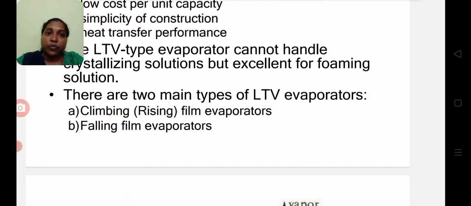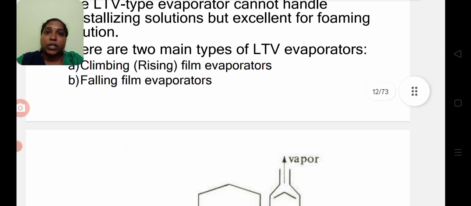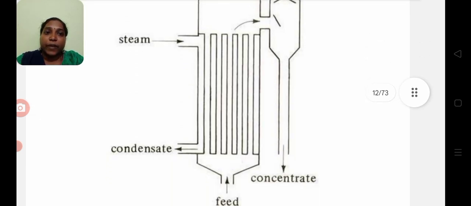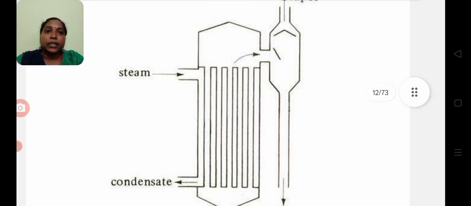There are two types of this evaporator, the rising film evaporator and the falling film evaporator. This is the rising film evaporator, where the steam is given at the top of the equipment and the feed is given at the bottom, and the long vertical tube is called the calandria.